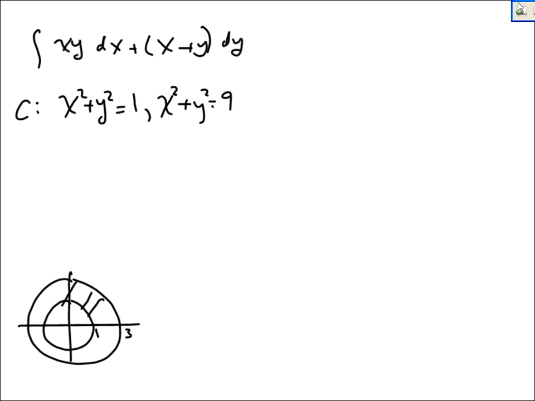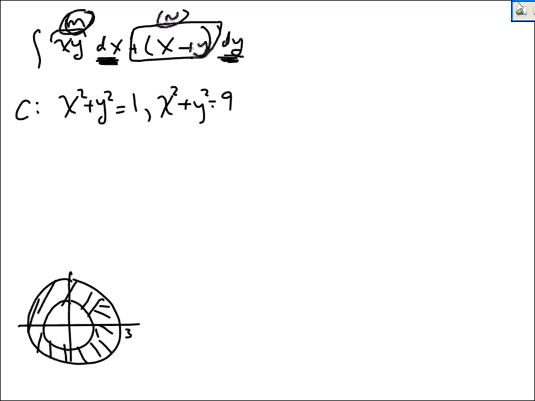I'm going to integrate over that area. Okay. This is M, and this is N. M before N, if and only if X is before Y. Whatever is being multiplied by dx, that's M. Whatever is being multiplied by dy, that's N.